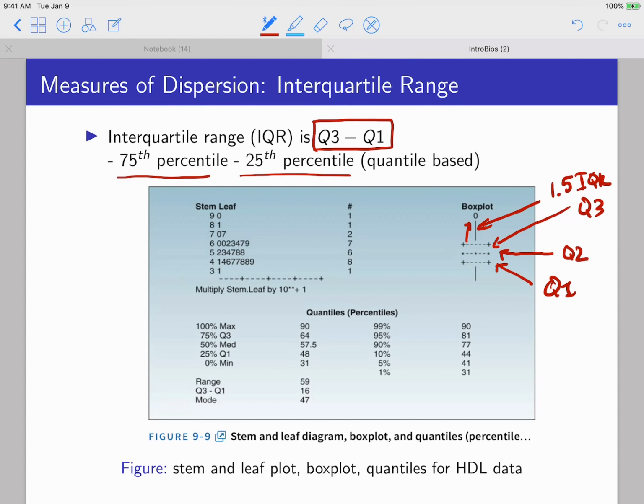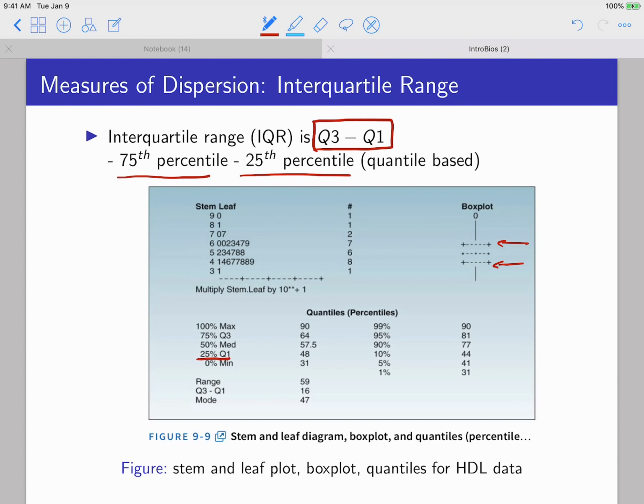Then finally, what you'll see sometimes in a box plot are these so-called outliers. Those are the observations that are outside of the whiskers, so they're outside of 1.5 IQR above or below Q3 and Q1. And finally, what you see down here are the actual numbers for each of those quantities, and more.